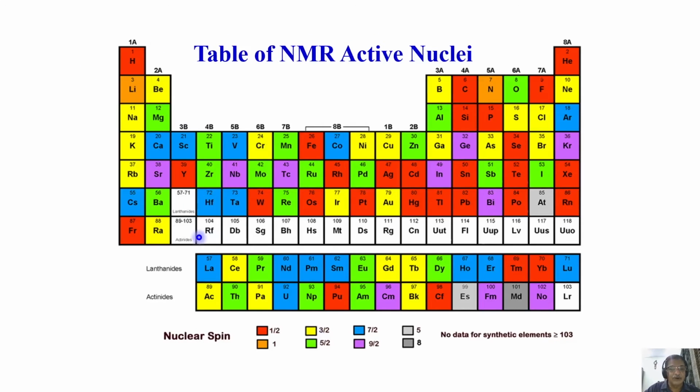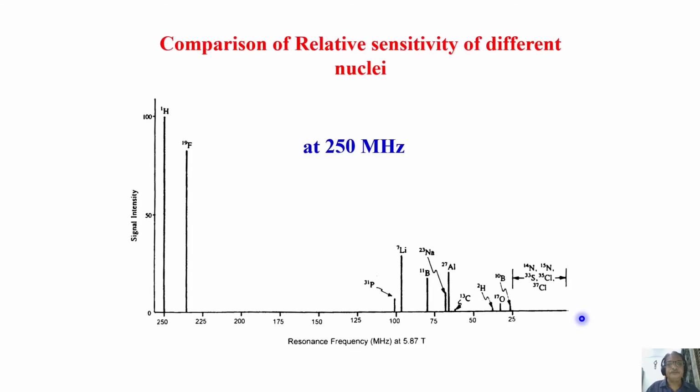You can see by and large, I don't know about this white color, whether they are NMR active or they have not been investigated, I don't know. By and large, you can see almost every element in this periodic table can be studied because most of them are NMR active.